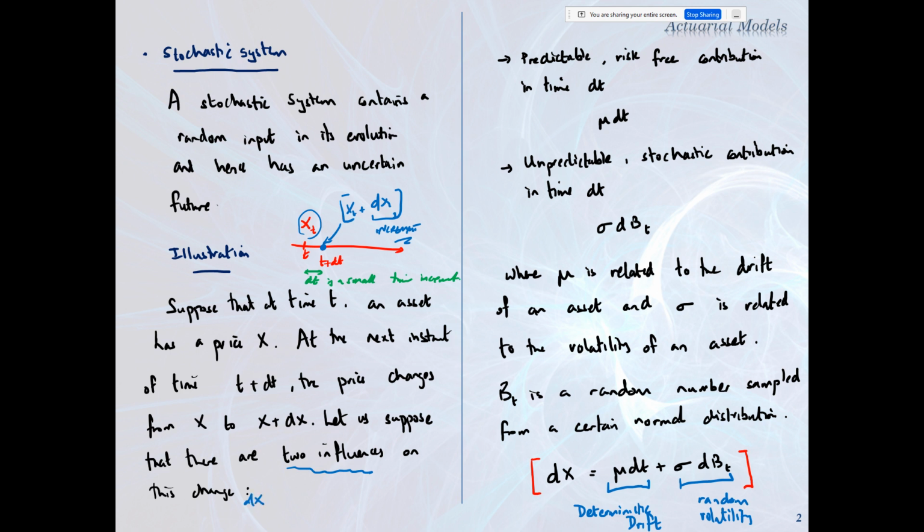First, perhaps there is a drift. Okay. So the predictable part, the part which is deterministic, if you want, we say that there is a risk-free contribution in time dt. So here we assume that mu is the risk-free contribution. Okay, so it is a drift. So perhaps we are at t here, and this is dt.